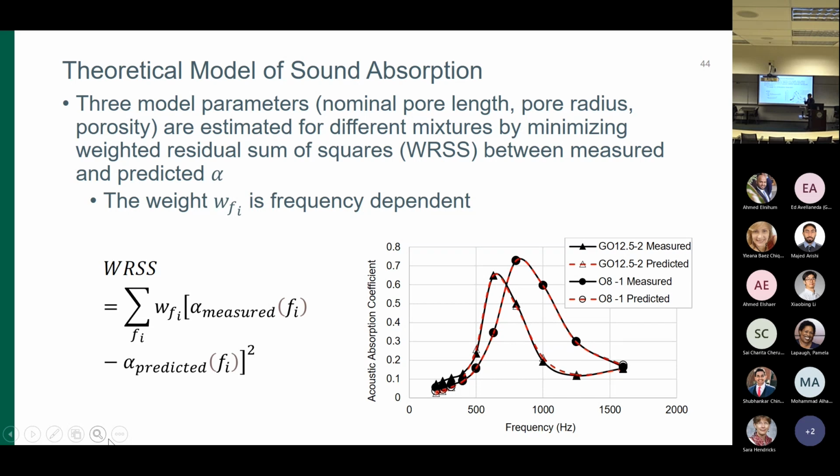By adjusting the three parameters, porosity and the others, the differences between the predicted and the measured sound absorption are minimized in terms of the sum of the square differences. By doing this, we can estimate the values of the three parameters of the model from the lab test data.